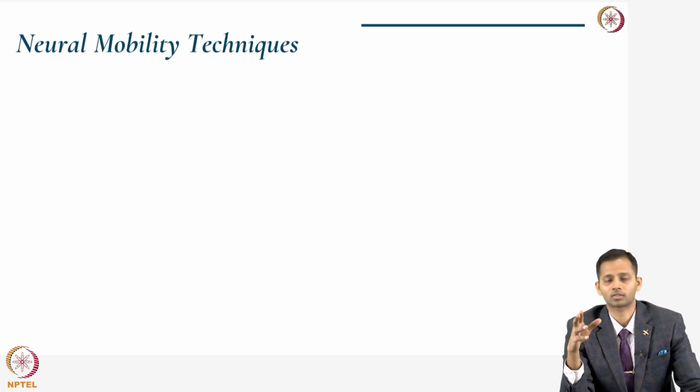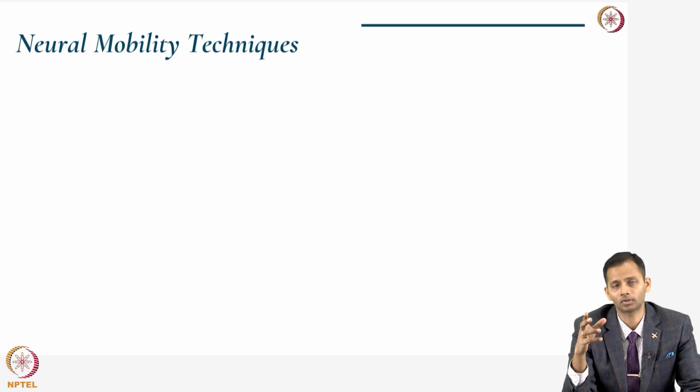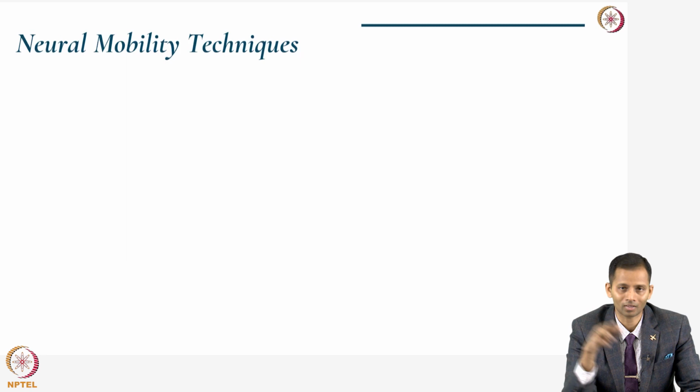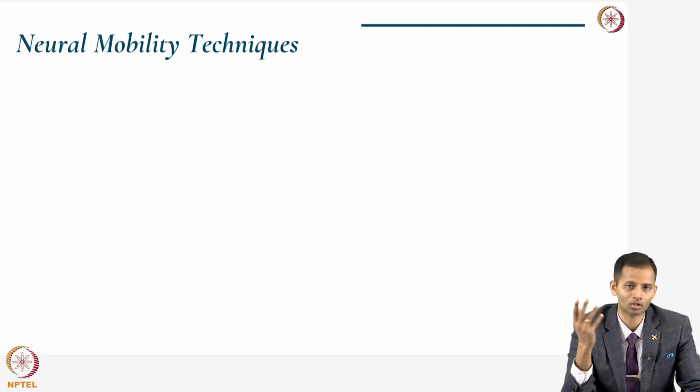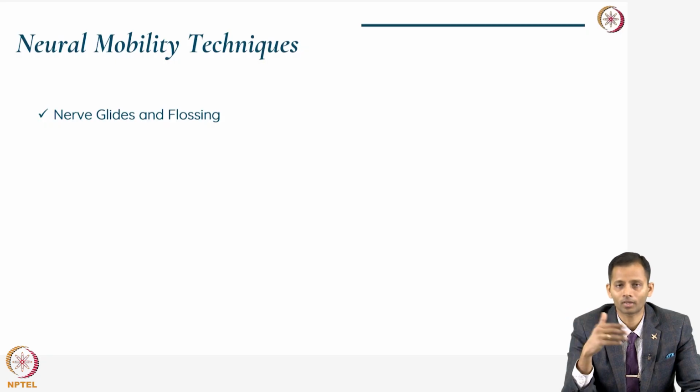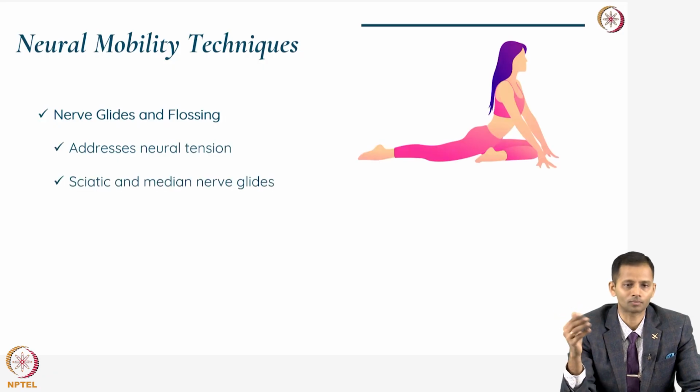We also discussed that there may be a neural contribution in terms of reducing the joint mobility. That can happen because of the adhesions around the nerve that passes through the fascia or the muscle. That can be addressed by certain procedures like nerve glides and flossing. It basically addresses neural tension.